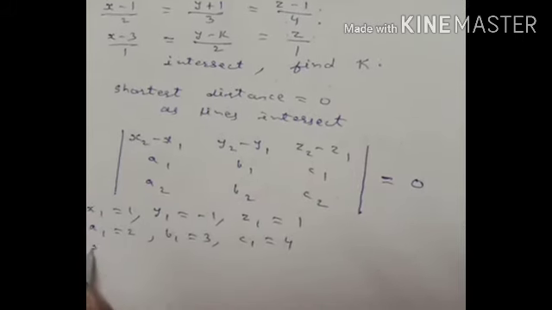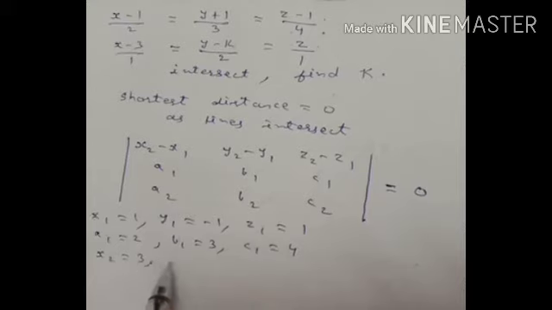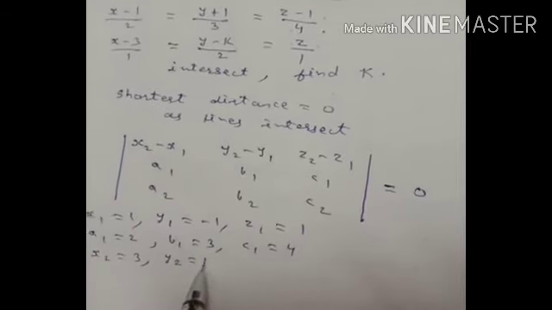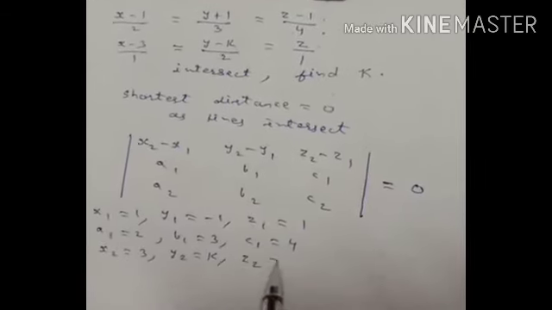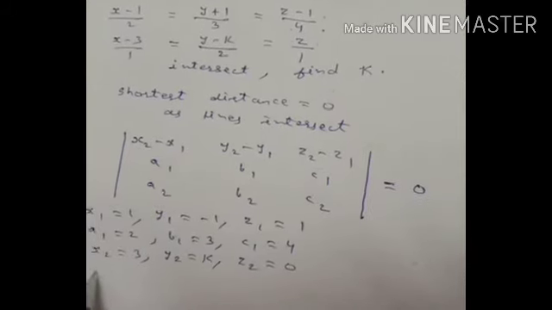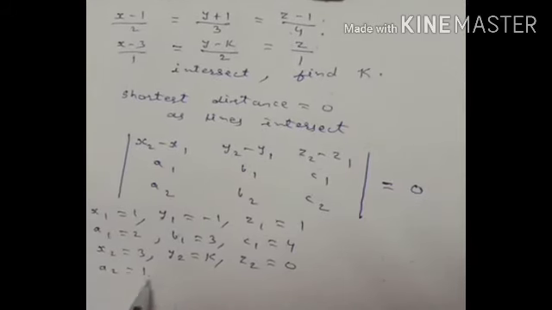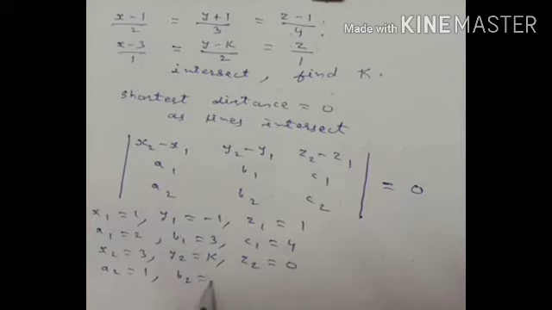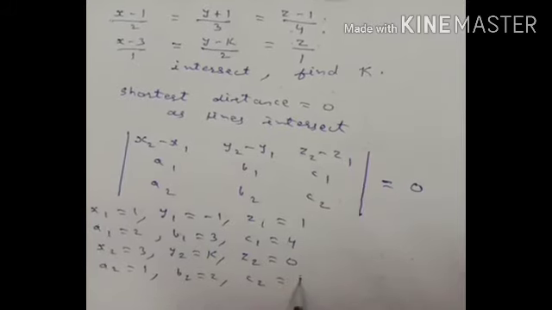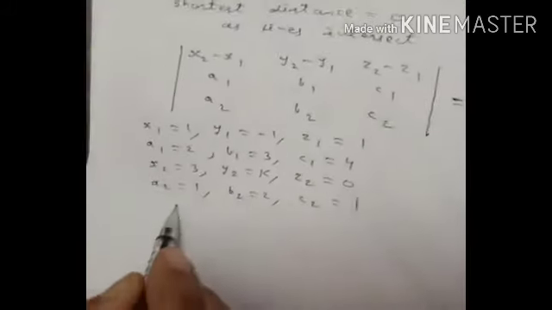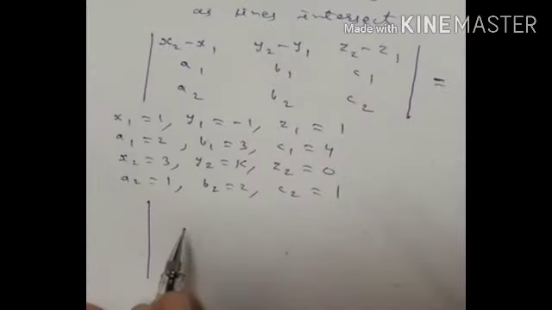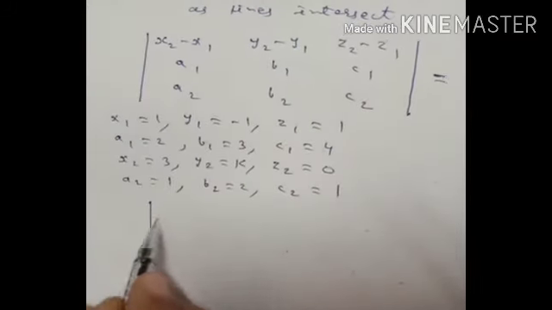For the second line x2 = 3, y2 = k, z2 = 0. Direction ratios a2 = 1, b2 = 2, c2 = 1. Put these values in the determinant.